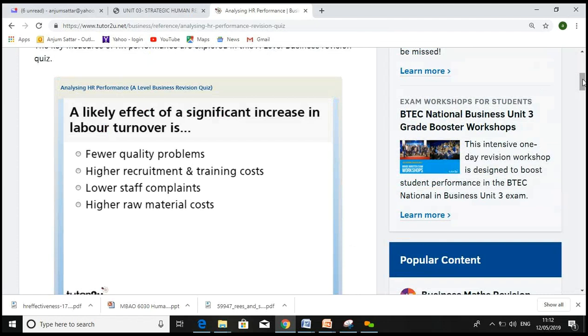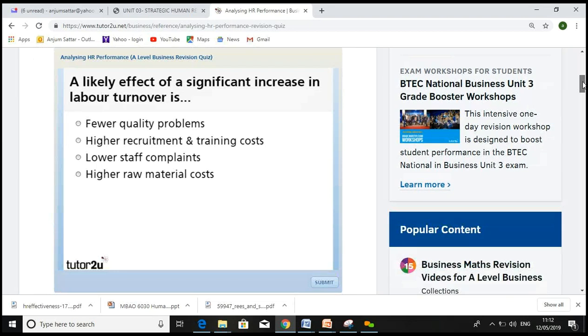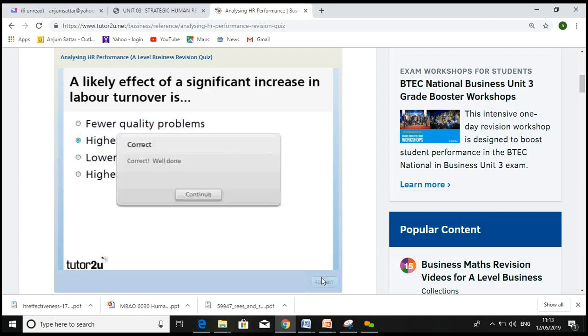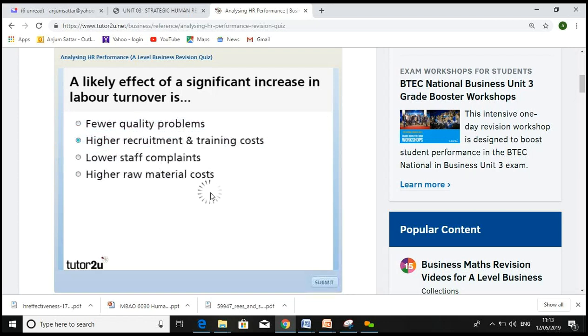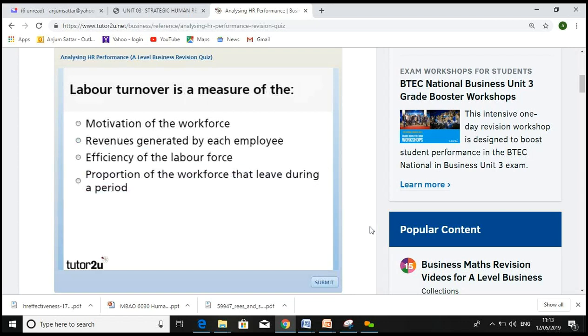A likely effect of a significant increase in labor turnover is? You said higher recruitment and training costs. Okay, good, well done, correct.